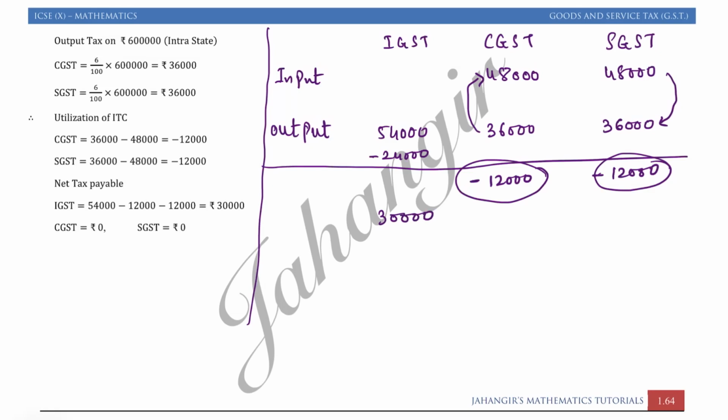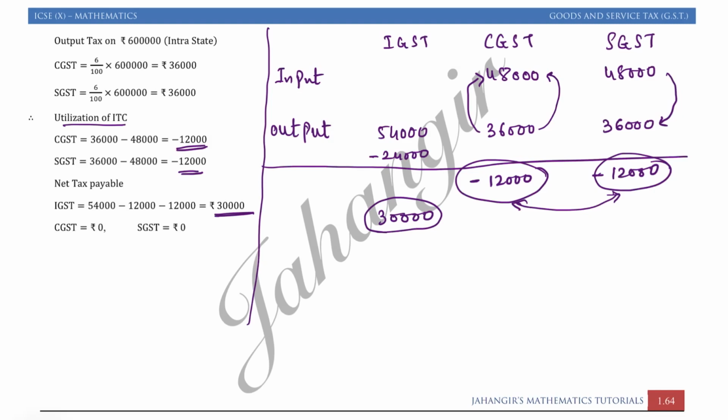Now if you subtract 24 from 54, the dealer has to pay 30,000 as IGST. So in utilization of tax, first we write 36,000 minus 48,000, that is 12,000 will be returned. Same way with SGST, so this 12 plus 12 will directly go to the IGST account. So in short, out of 54,000, 24,000 is adjusted and the remaining net payable is 30,000.